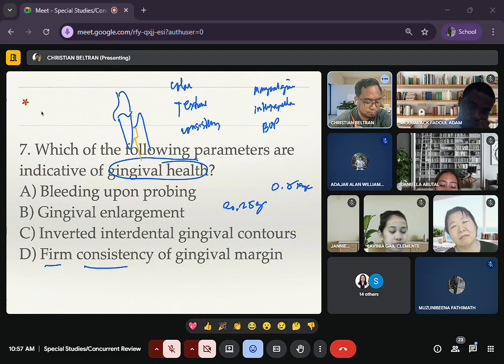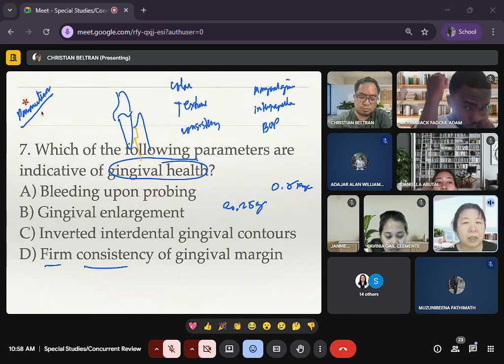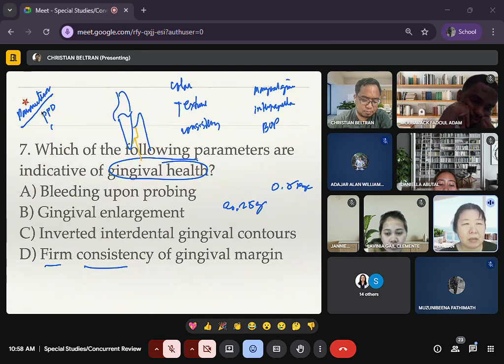Okay. What else? What are the different clinical parameters that we use when classifying the patient, whether he has periodontal disease? The pocket depths and the clinical attachment loss.